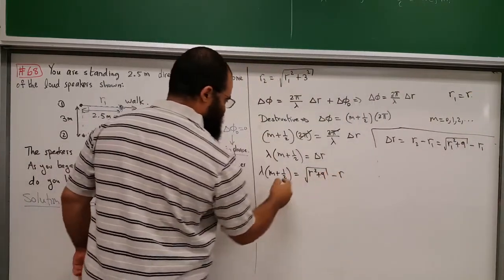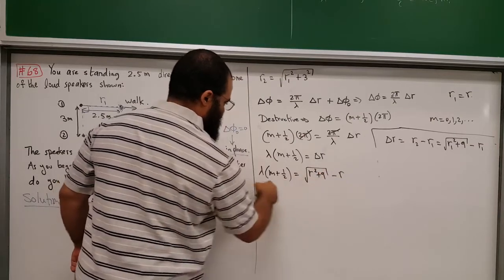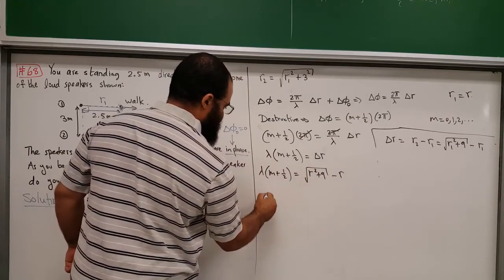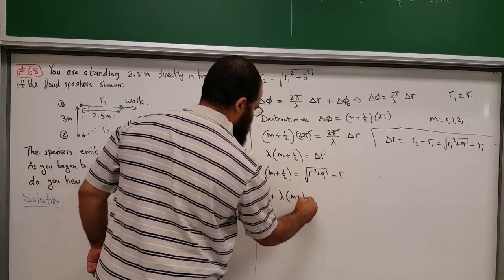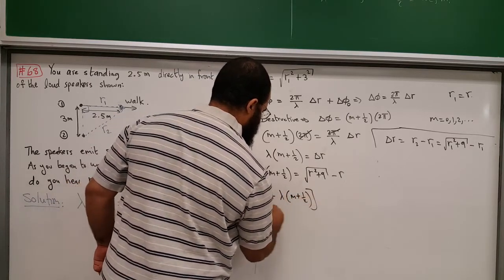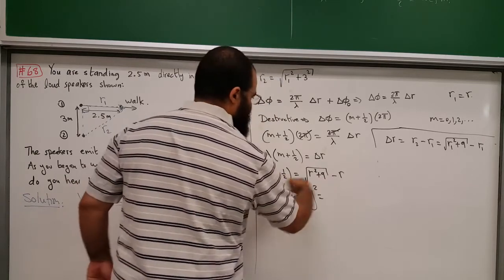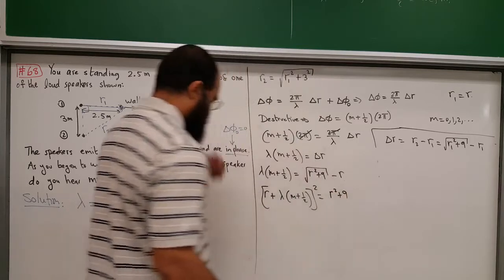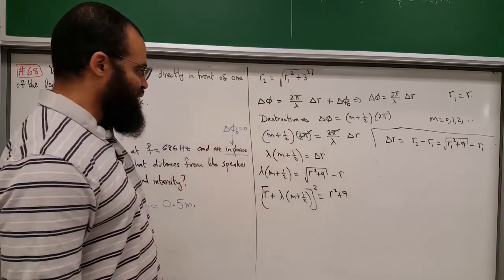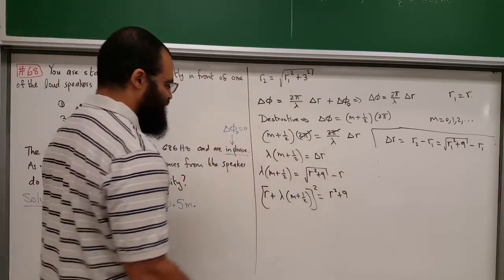And let's move this to this side. So we add r to both sides and then square. I have r plus lambda times m plus 1/2, and I'm going to square this side. When I move this to the other side and square this side, I just have r squared plus 9. Yeah, that's way better. That's much simpler. Let's square them.